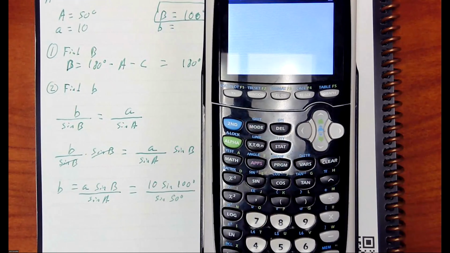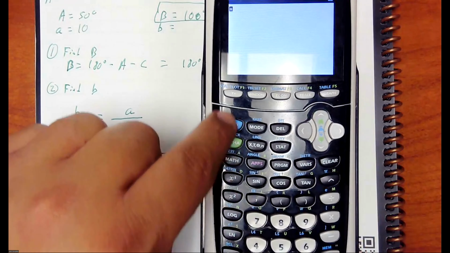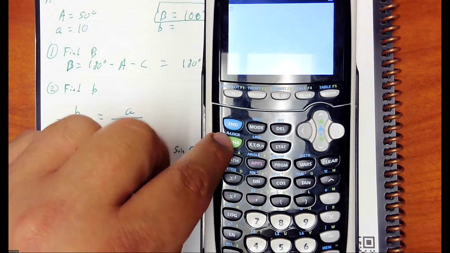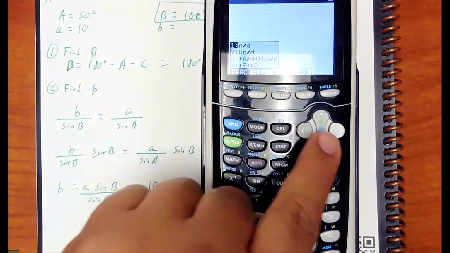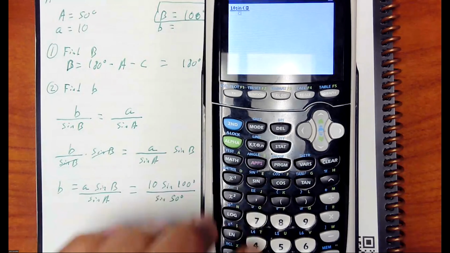If you have one of the newer calculators, you can force a fraction by pressing alpha y equals, or you could use parentheses.